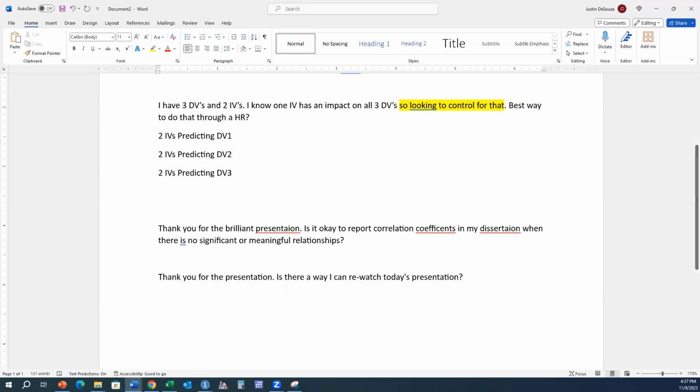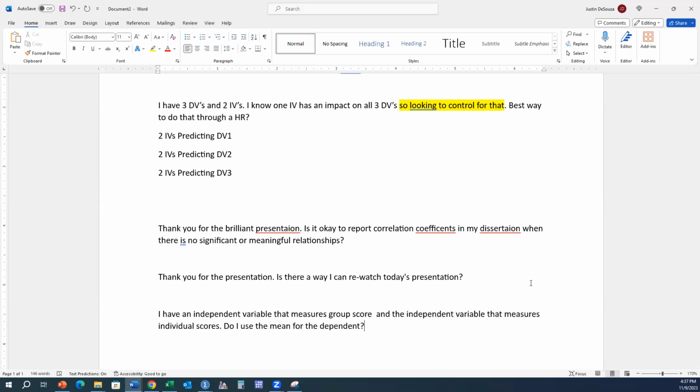Okay. I have an independent variable that measures a group score and an independent variable that measures individual scores. Do I use the mean for the group? I would need to know more information about this. Unfortunately, I can't give a lot of advice here.